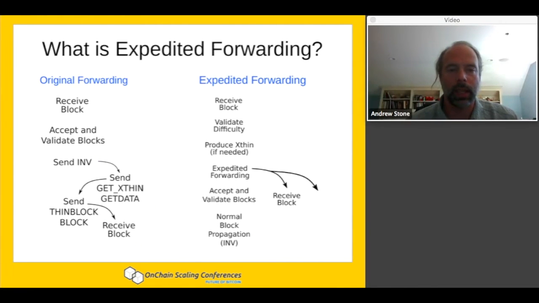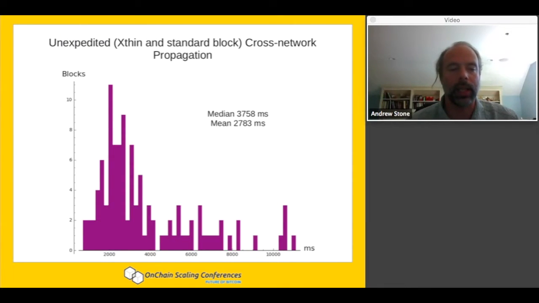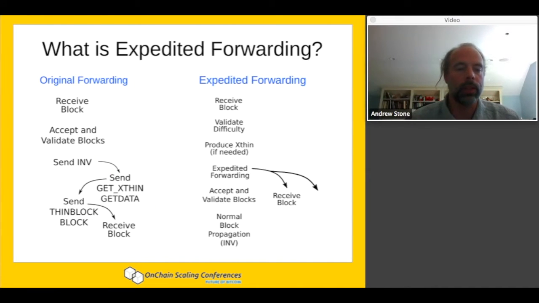All right, so expedited forwarding is basically an attempt to take this full network propagation and reduce it dramatically. This is how it works. The original forwarding worked like this.